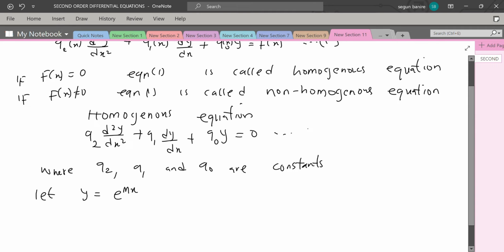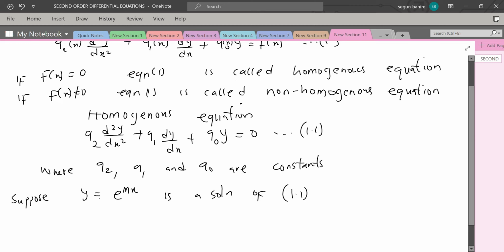Call this equation 1.1. Suppose y equals e to the mx is a solution of 1.1.